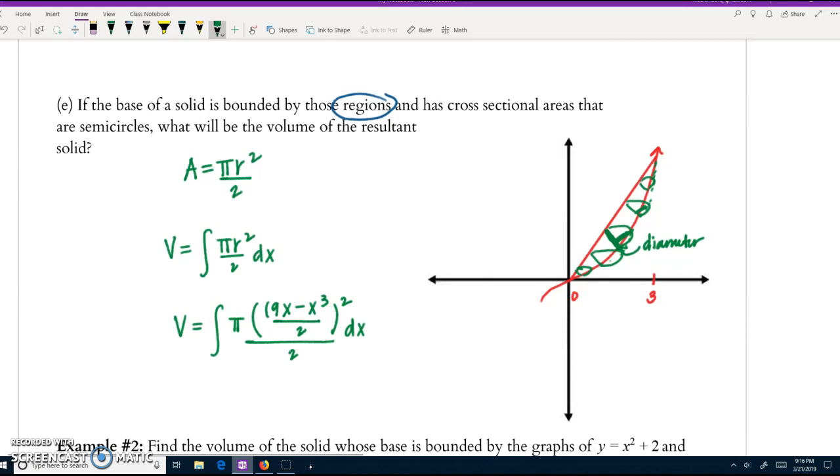And of course, this work, just like any other volume-based work, is something where you can pull out constants from an integral. So I can pull out a pi over 2 before I even substitute in here. And then I could even bring out one more 1/4 from squaring that piece. So if you prefer to look at it like this, where you bring the pi over 2 out to begin with, and then are integrating your radius squared, you can certainly do that too.